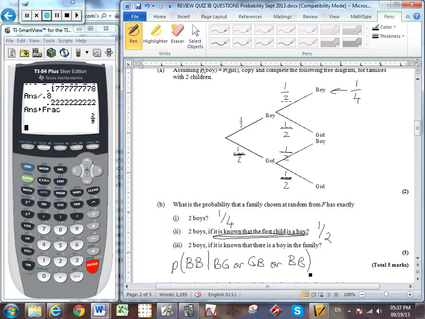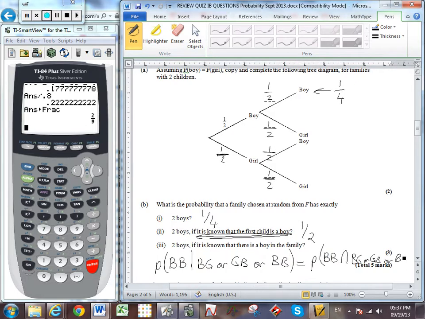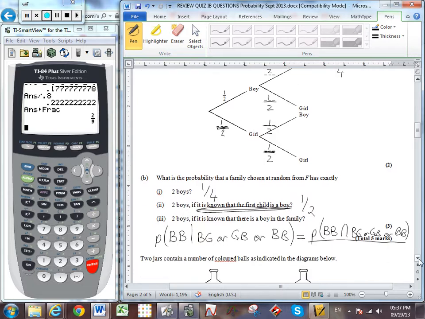Alright, so this is going to end up being the probability of both of these things happening, boy-boy and either boy-girl or girl-boy or boy-boy, all divided by this given probability of being at least 1 boy in the family. So boy-girl or girl-boy or boy-boy.